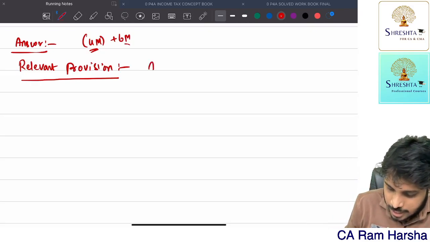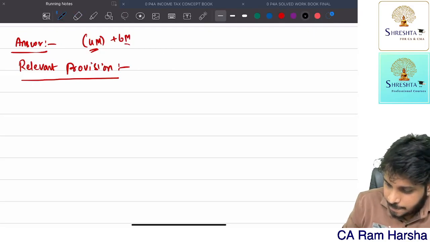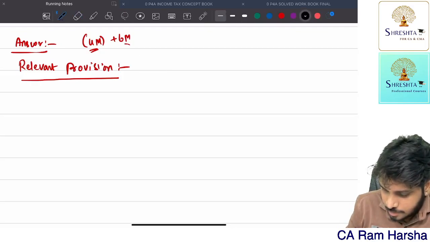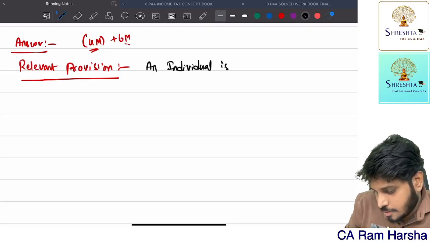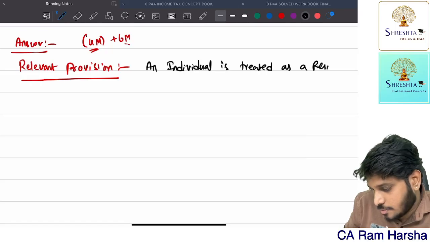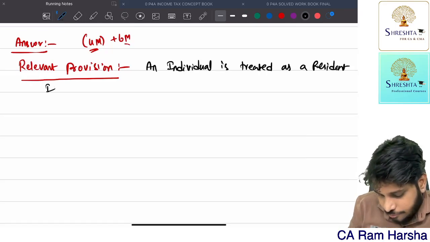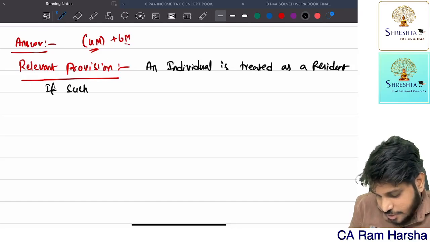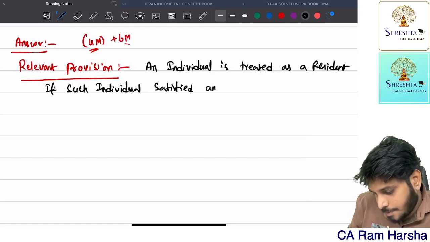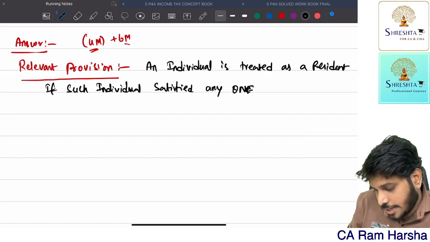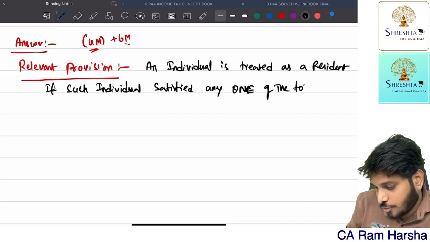So, an individual is treated as a resident if such individual satisfies any one of the following conditions.